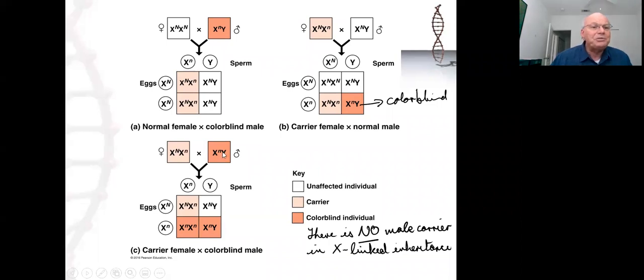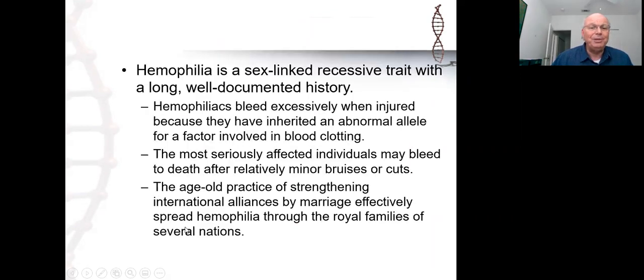Her father was himself colorblind. So my student's father was colorblind. And so under these circumstances, half of the females get the X little n from their father, but get the X big N from their mother. So they're carriers. But half of the females, and this is my colorblind student, gets the X little n from their mother and the X little n from their father.